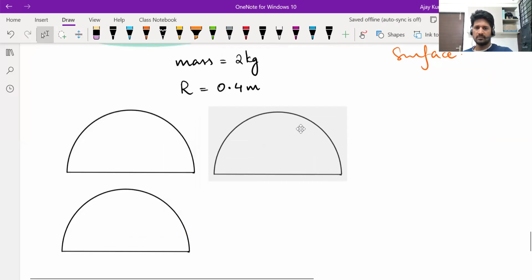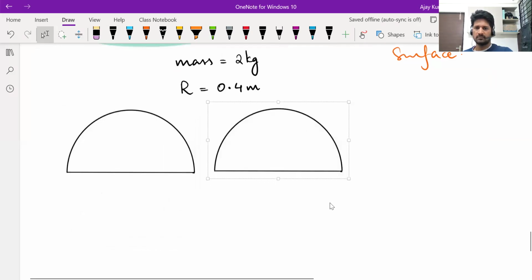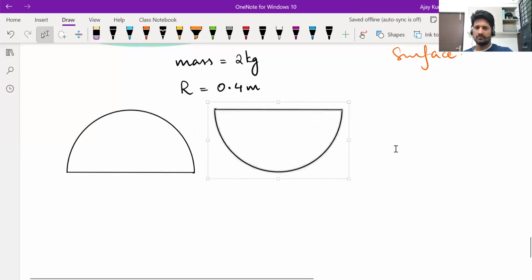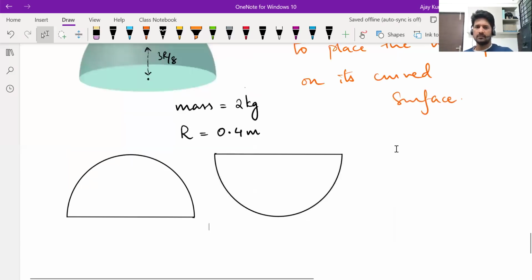This has to be changed to this. That's all. In this process, how much work is to be done?